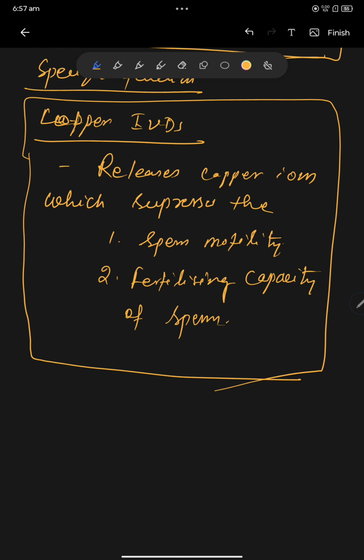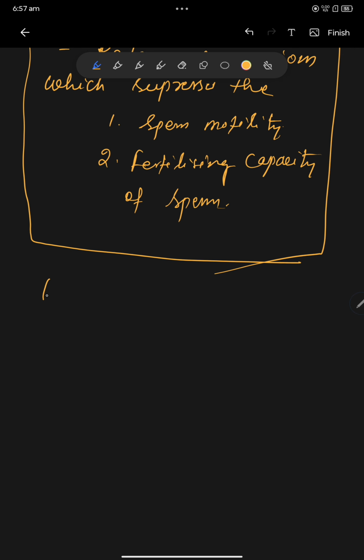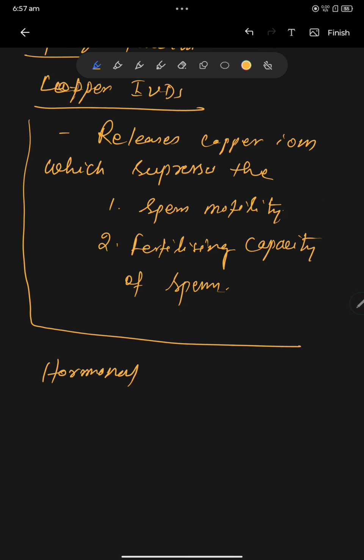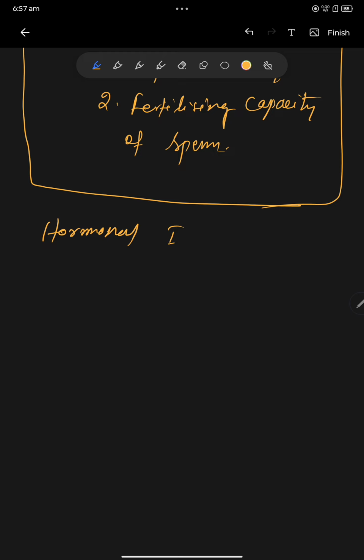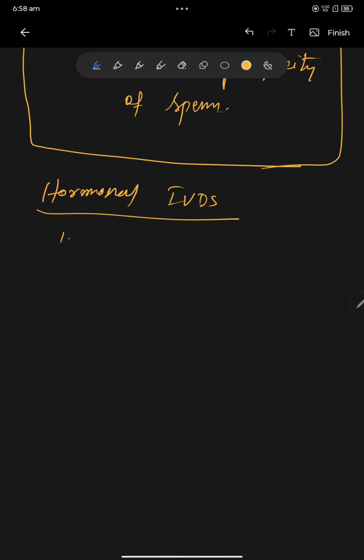Now come to number 2, that is hormonal IUDs. Because they have the hormones, they make the uterus unsuitable for implantation.